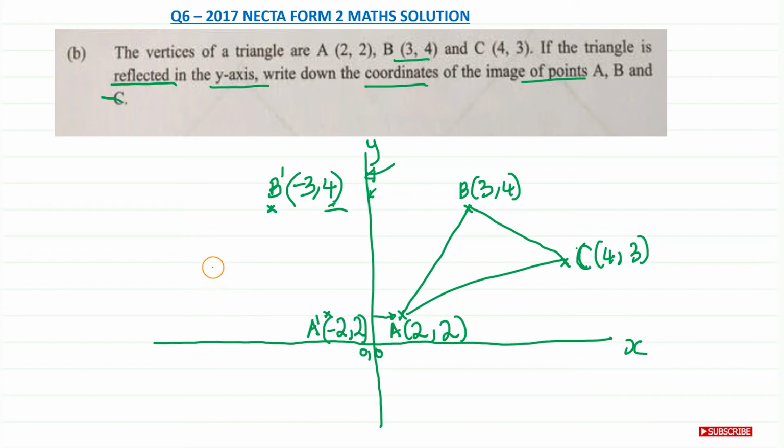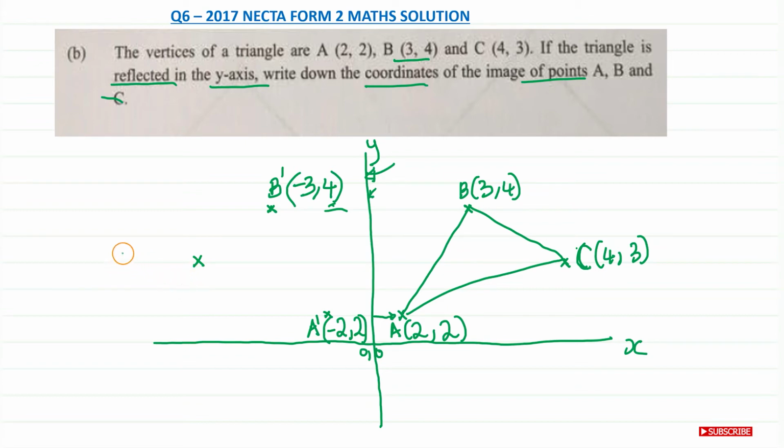Now let's put point C. So point C is going to be on this side, roughly around there. Okay, so if you're given graph paper, you can do it that way, but otherwise you can do a quick sketch like the way I'm doing.